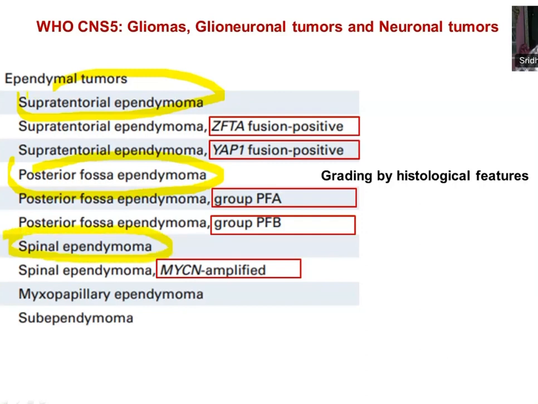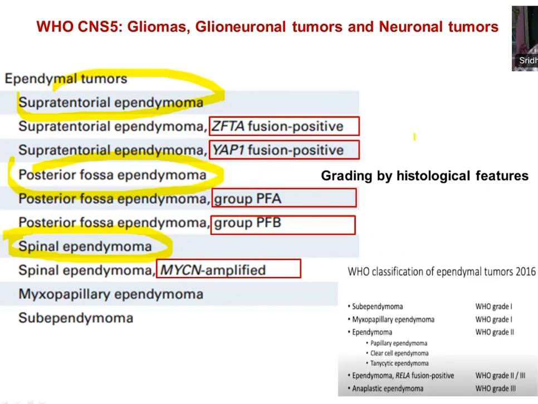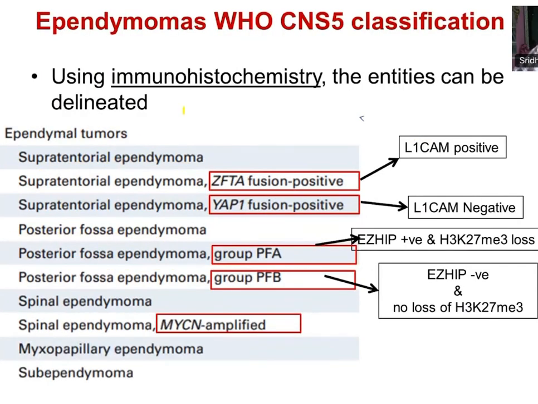So here it is supratentorial ependymoma, L1CAM positive. You can write supratentorial ependymoma, ZFTA fusion positive, CNS WHO grade 2. Okay, 3, sorry. They're fine? Yes, sir. So if you want to see the markers, for supratentorial ependymoma you can use L1CAM. If you have P65, you can use P65 as well.